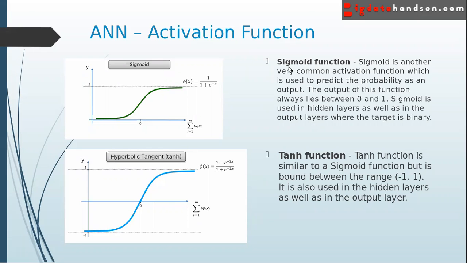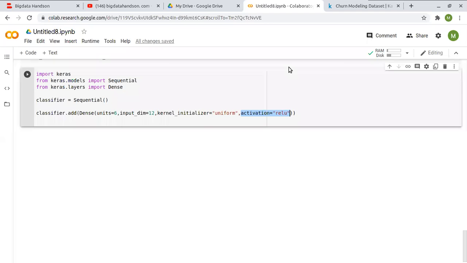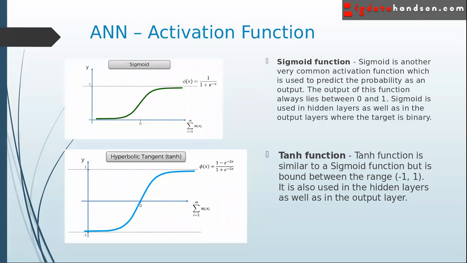So in this problem statement also we'll add the sigmoid activation in the last layer. It is a very common activation function used to predict probability as an output. The output of this function always lies between 0 and 1. Sigmoid is used in hidden layers as well as in output layers where the target is binary.